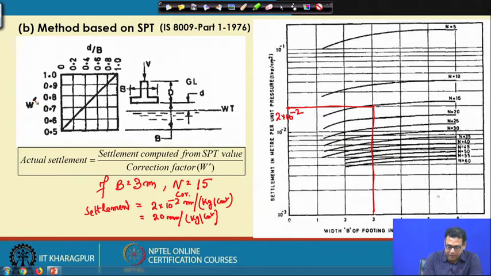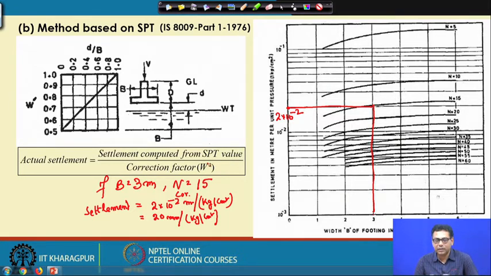And this W dash we can calculate. Even in the water table effect calculation, the actual settlement will be the settlement that we calculate from the SPT value divided by the correction factor. So, if the water table is at the base of the footing, as per IS code this correction factor is 0.5.